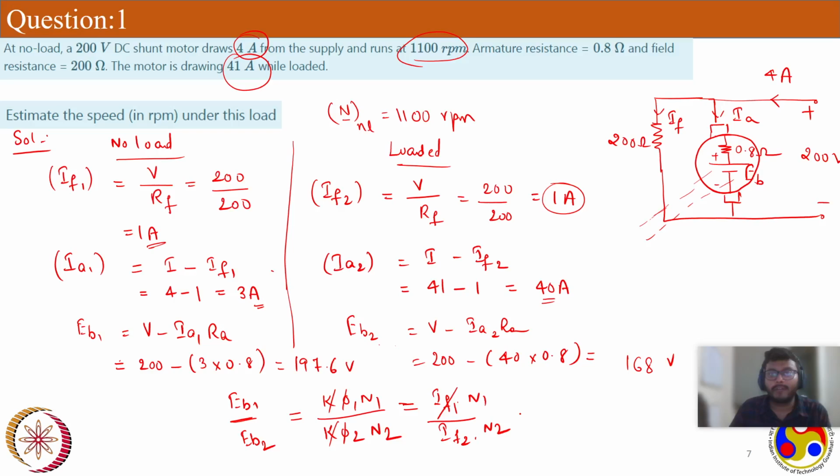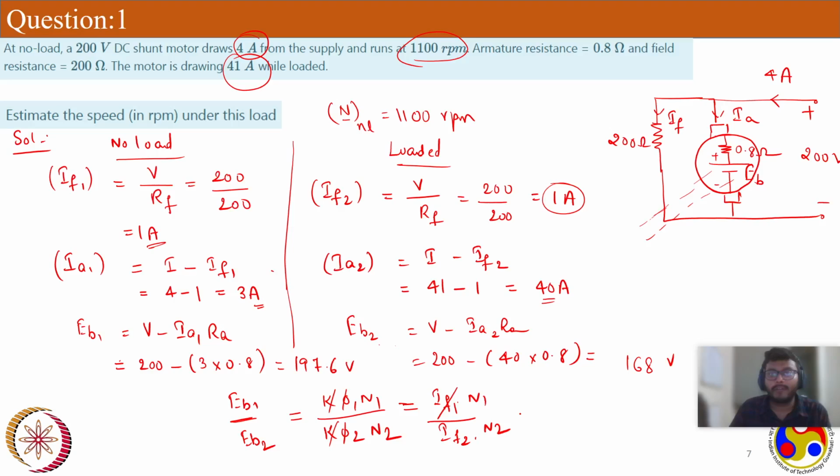So how can I get the shaft power? Let's go back to our power flow. Whenever you are stuck, just go back to the basics and see what you have to calculate, what data you have, and what you need. Shaft power is what is needed. Now to get shaft power, I need to calculate VAIA. Let's say this is a shunt motor, right?